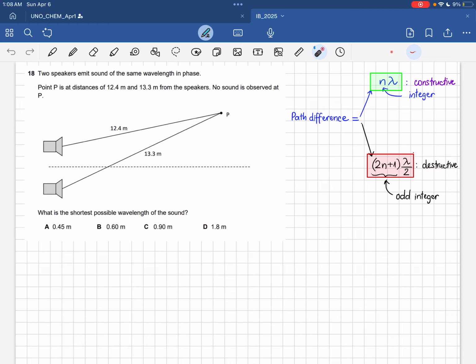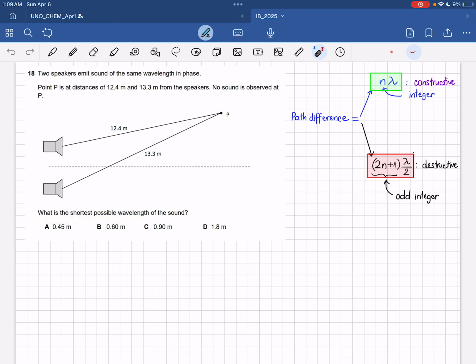Then they give us a point P, which is 12.4 meters away from the first speaker and 13.3 meters away from the second speaker. It says that no sound is observed at P, which means it should be destructive interference. They ask for the shortest possible wavelength of the sound.